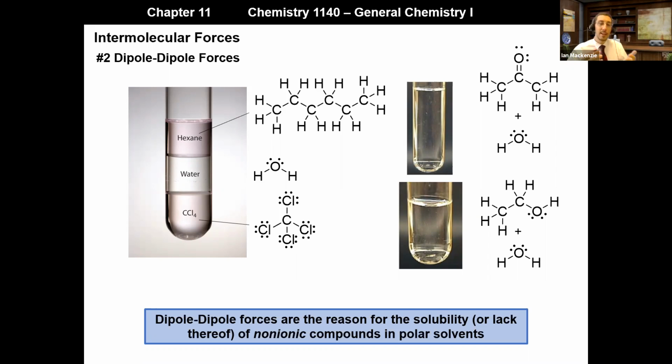And so we can see here that whereas ion-dipole forces were the explanation for solubility or not of ionic compounds in polar solvents, dipole-dipole forces are the reason for solubility or not of non-ionic compounds in polar solvents.